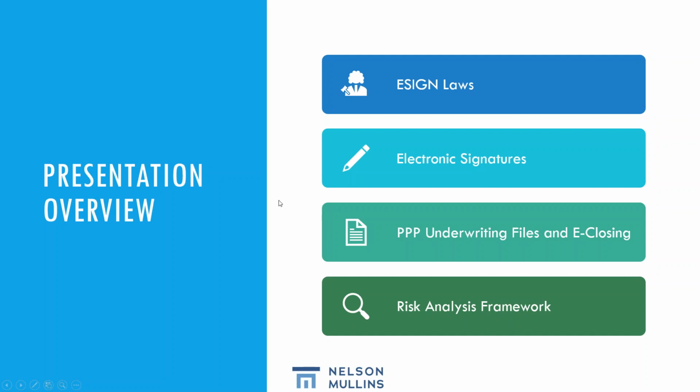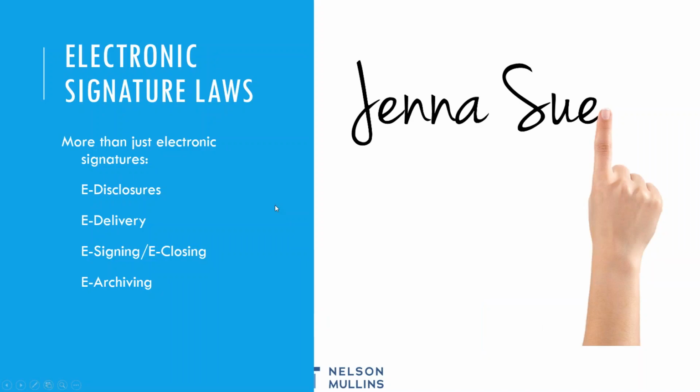underwriting process in particular. Let's start with kind of some basics of e-sign, and we'll move through these very quickly. But what I want you to remember is when we talk about electronically signing documents, there's in essence a multi-step process. It's not as simple as simply having someone sign an electronic agreement.